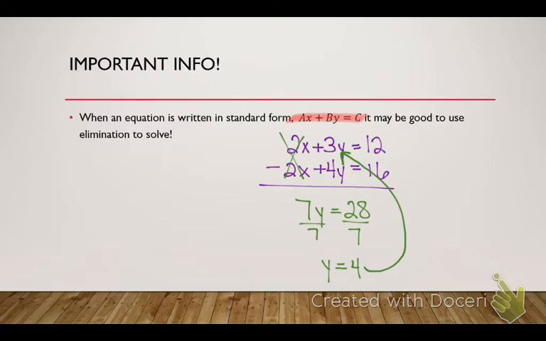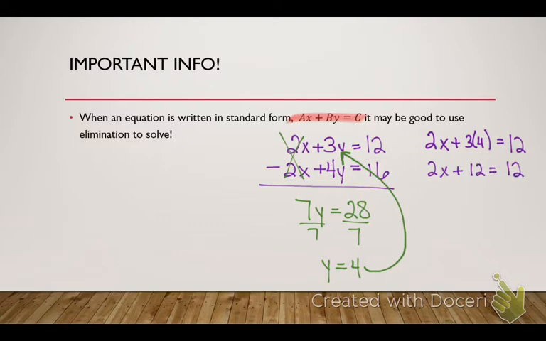We're already almost done. So plug in the 4. I didn't plan on this, but you guys following along okay? So you go back and plug in the 4. So now you have 2x plus 3 times 4 equals 12. All right, so 2x plus 12 equals 12. Oh, this is interesting.